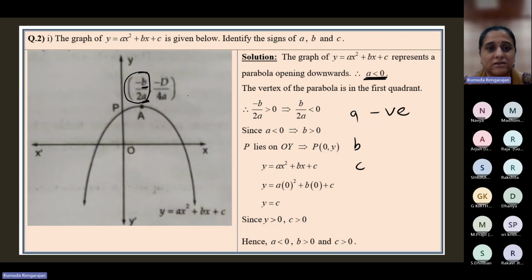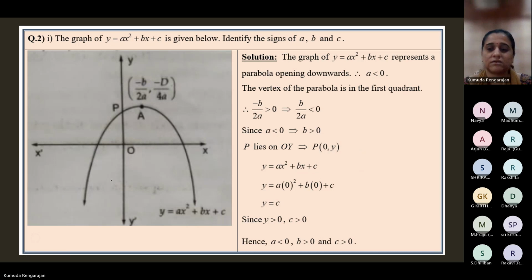We know the sign carried by A. So using that, we can determine the sign carried by B. So we're going to use the x coordinate of the vertex of the parabola to judge the sign carried by B.